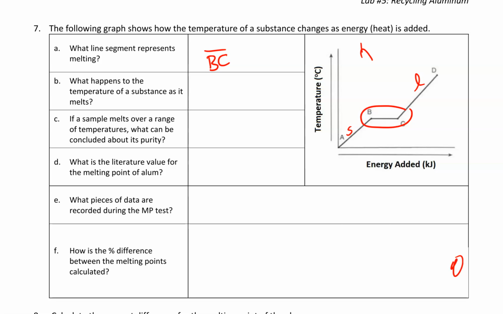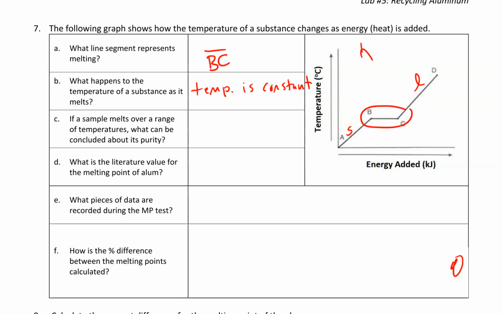Based on that heating curve, what happens to the temperature of the substance as it melts? Well, the line is flat, so that's telling us that the temperature remains constant. This is really like a perfect heating curve.